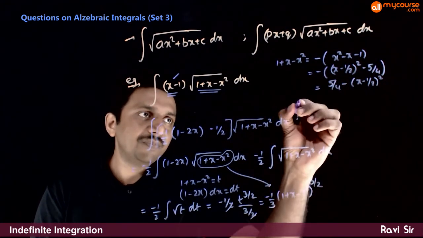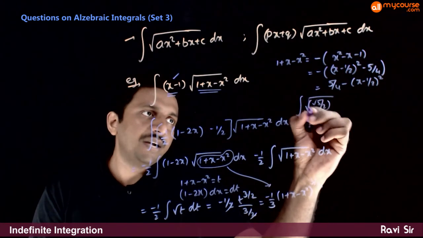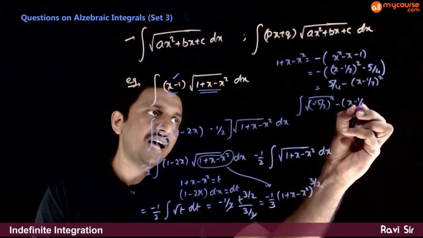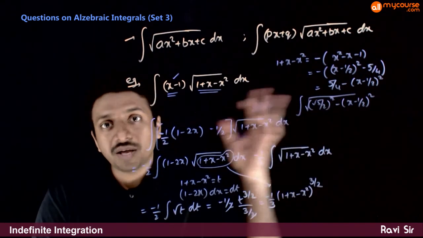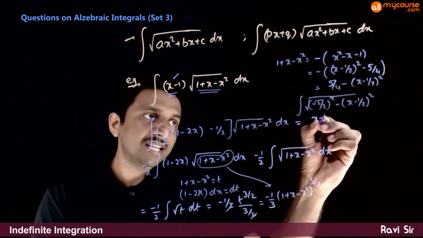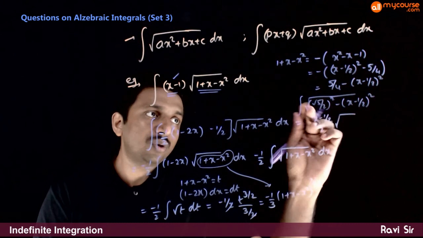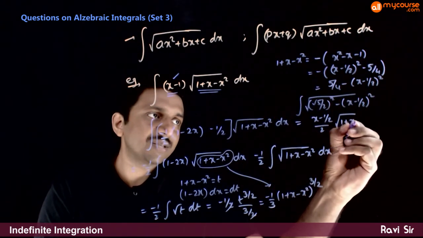So this integration becomes integration of root of (root 5 by 2) whole square minus (x minus half) whole square. So it is root of a square minus x square. The answer is x by 2, that is (x minus half) by 2 into root of a square minus x square, which is the same as 1 plus x minus x square.